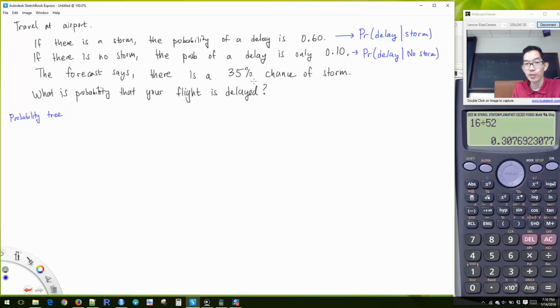And what is this? 35% chance, this would be the probability of a storm. Okay, so I'm going to draw out this tree here. And we're going to say there are two things that could happen. Either there's a storm or there's no storm.